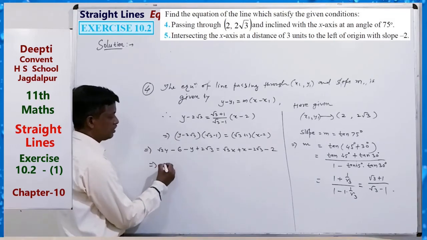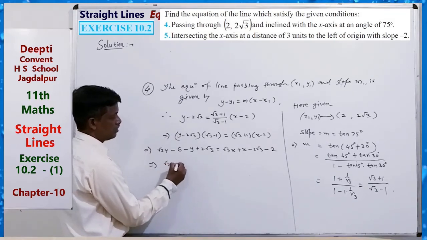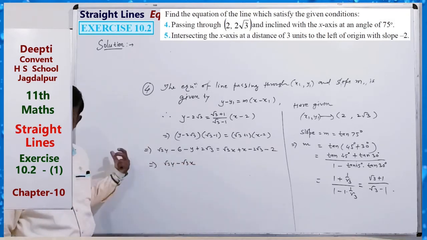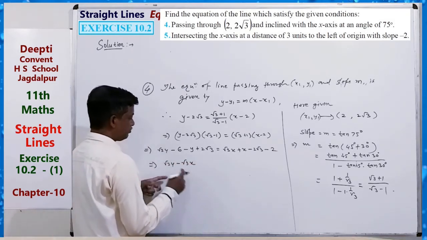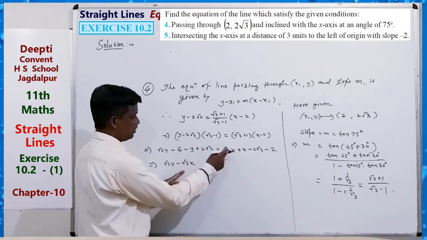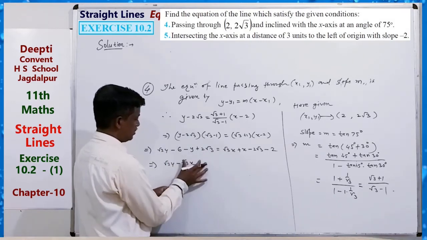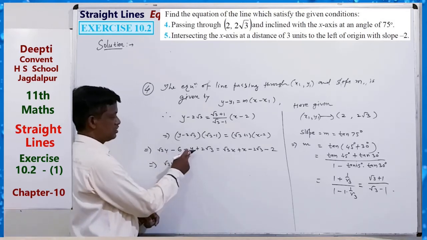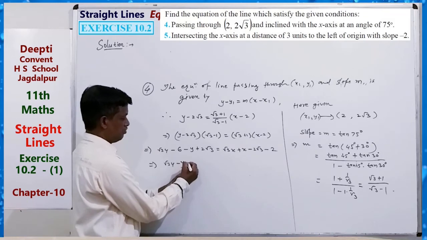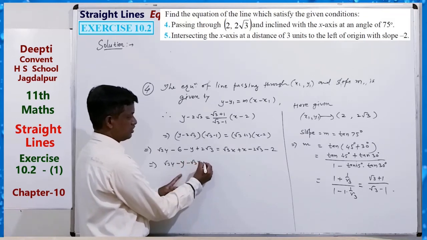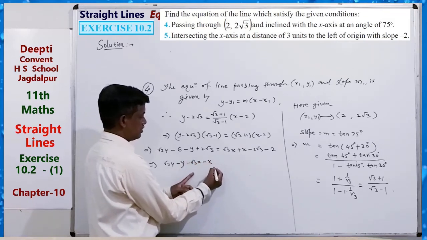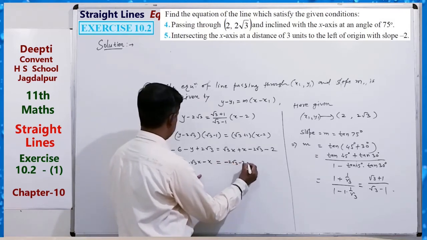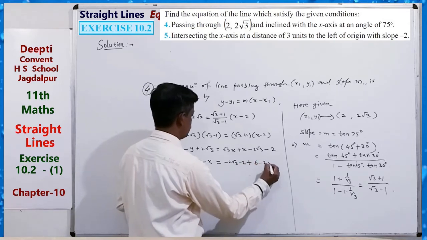So we get root 3 y minus root 3 x. Taking the x and y quantities on the left hand side: root 3 y minus y minus root 3 x minus x equals minus 2 root 3 minus 2 plus 6 minus 2 root 3.